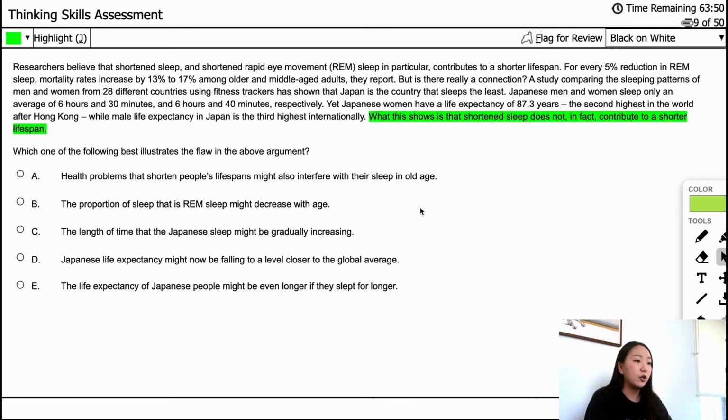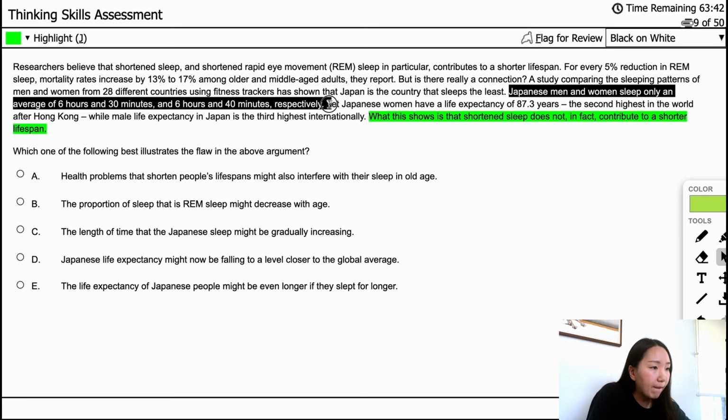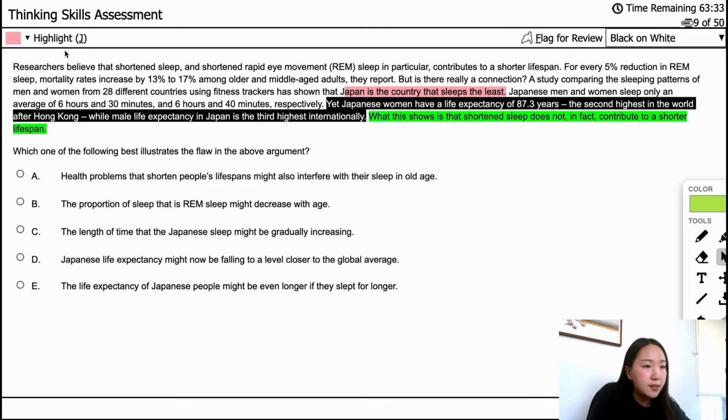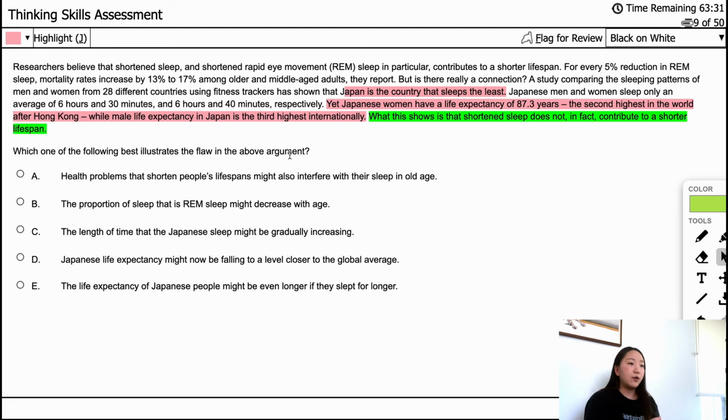So that's their conclusion. And the argument is based on the fact that Japanese men and women sleep the least. Japan is the country that sleeps the least. That's important there. And yet they have the highest life expectancy. So then the conclusion is, so therefore shortened sleep doesn't shorten your lifespan.